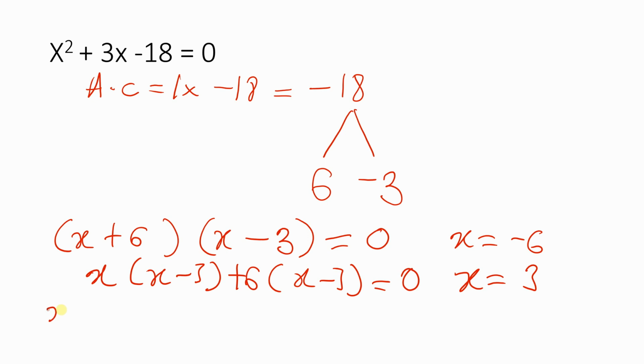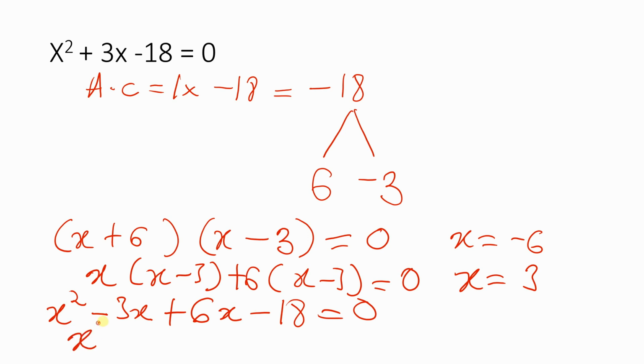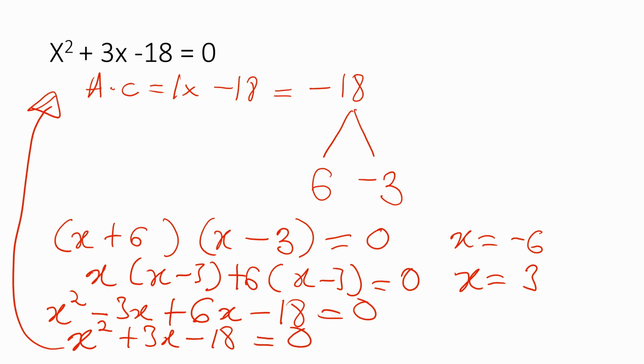So to expand this, we get x squared minus 3x plus 6x minus 18, all equal to 0. So you'd see that minus 3x plus 6x gives us plus 3x. So we get x squared plus 3x minus 18 equals 0. And that's the same as the equation we started with.